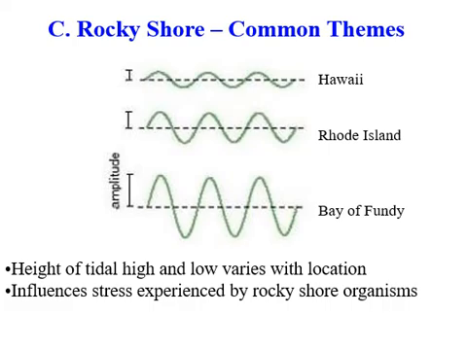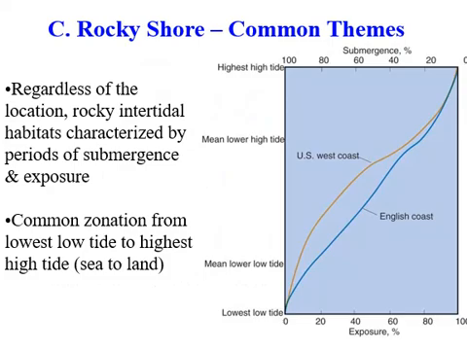If you look at the Bay of Fundy, these really, really high amplitude tides, some places near the equator, there's a big tidal amplitude. So it really depends where you are, but regardless of where you are, you've got some high tide and low tide that you have to deal with. Another thing in terms of the rocky shore is that you're in the water and you're out of the water.